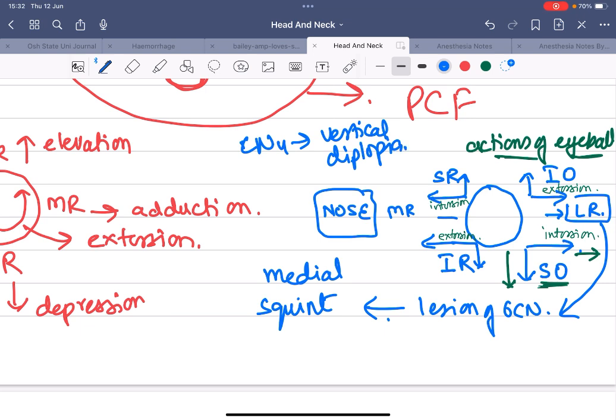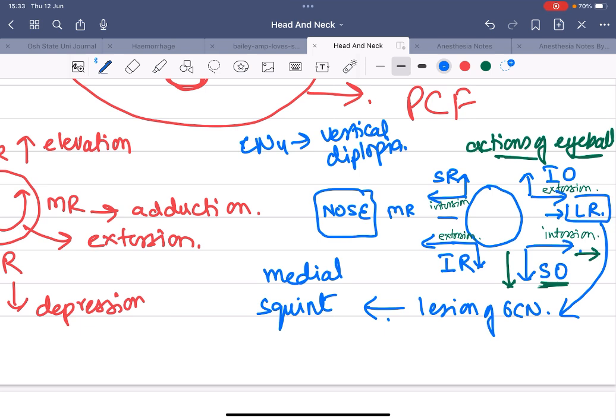When going downward, the patient will start to tilt the head to the opposite side.